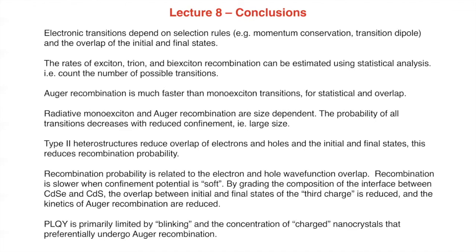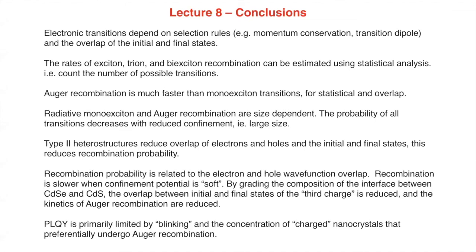You have to consider how many possible transitions there are to know how fast overall that type of reaction, say Auger from a biexciton, is going to be. And you can just do simple counting to come up with a very good estimate of the relative magnitude of those types of processes.